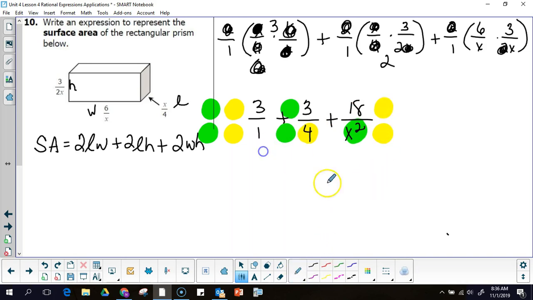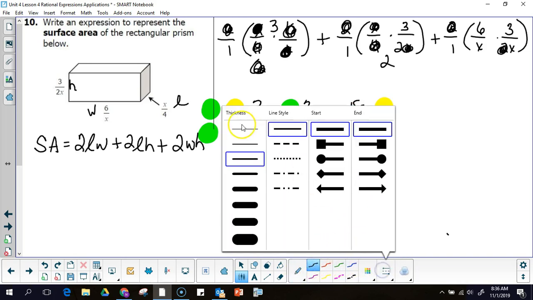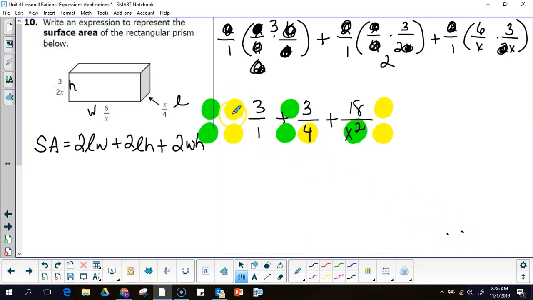Okay, let's go back and fill in and multiply. So this one needs green and yellow. Yellow is 4. Green is x squared. This one only needs the yellow, and that's 4. This one only needs the green. Okay, so let's multiply. 3 times 4 times x squared is 12x squared. 3 times x squared is plus 3x squared.